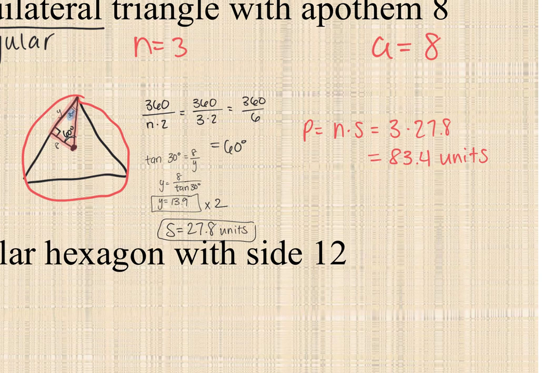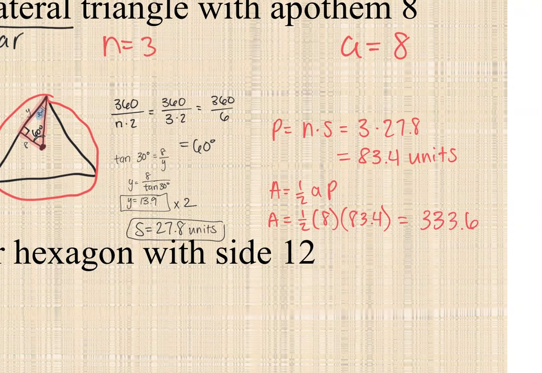And the area will be 1/2 apothem times perimeter. So the area will be 1/2 times apothem was 8 and perimeter was 83.4. 333.6 units squared.